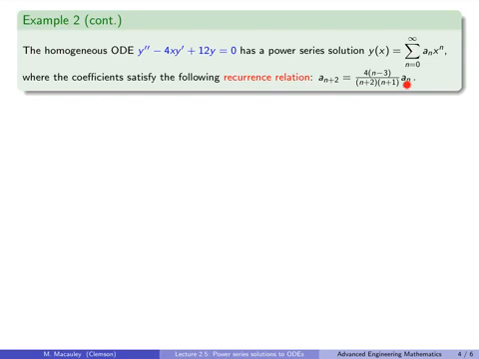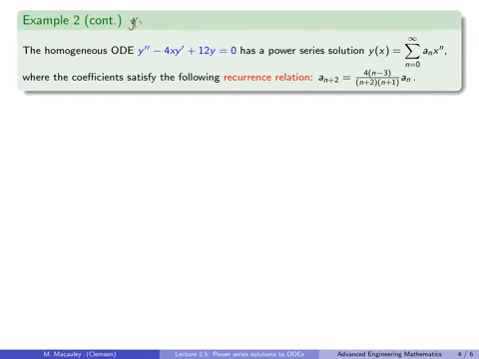So if we know in advance what a_0 is, then we have a formula for a_2, a_4, a_6, a_8, and all of the even a_n. And similarly, if we know what a_1 is, then we have a formula for all of the odd a_n.